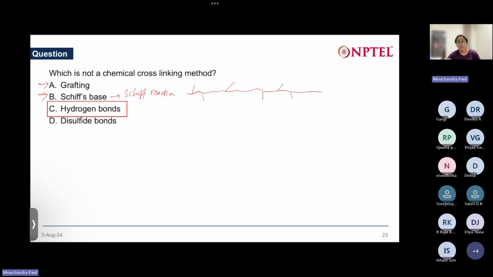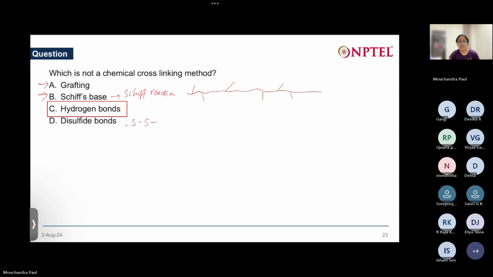It is very commonly used to cross-link different synthetic polymers, to get different types of cross-linked polymers. I don't remember what the Schiff bases are right now, but just Google it and you will get to know. Whereas disulfide bonds, yes, it's a chemical method where you create sulfur-sulfur bonds like this.